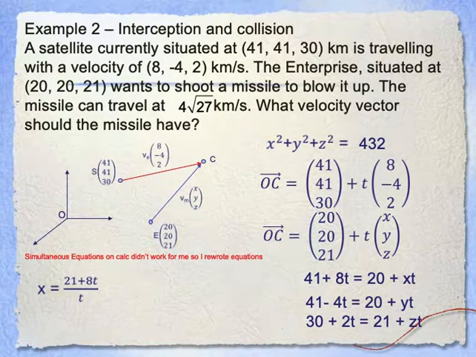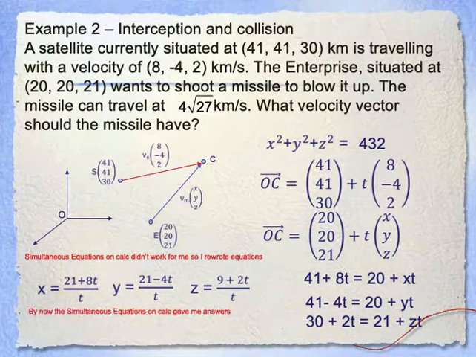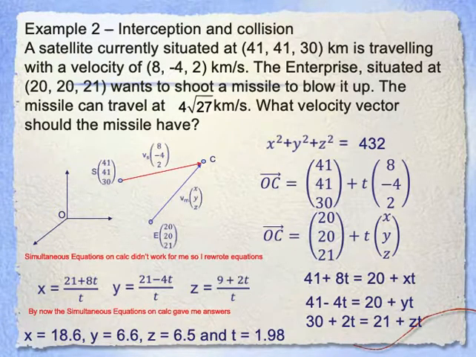So if we rearrange for x, rearrange for y, and rearrange for z and put that into the calculator after that, making sure you're putting in this one as well. We need to put this into our calculator as well. And that should give you x, y, z, t.